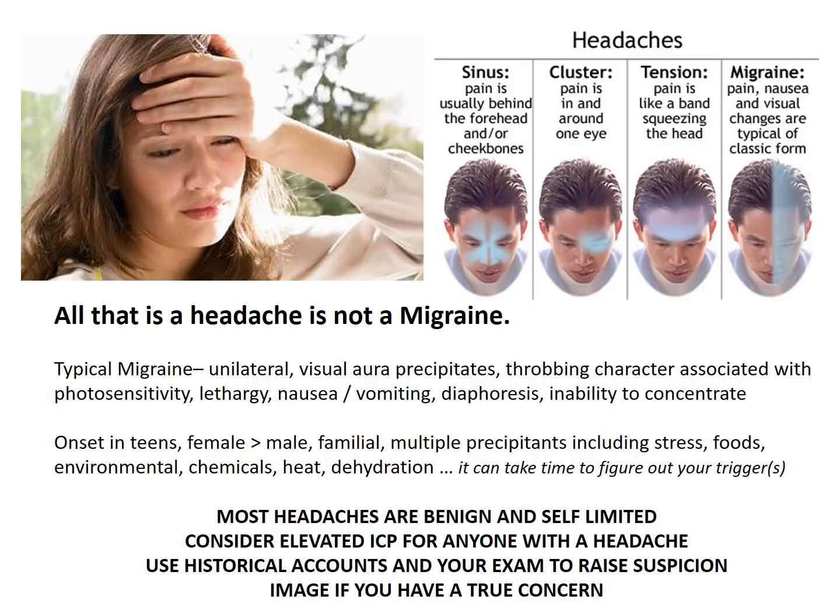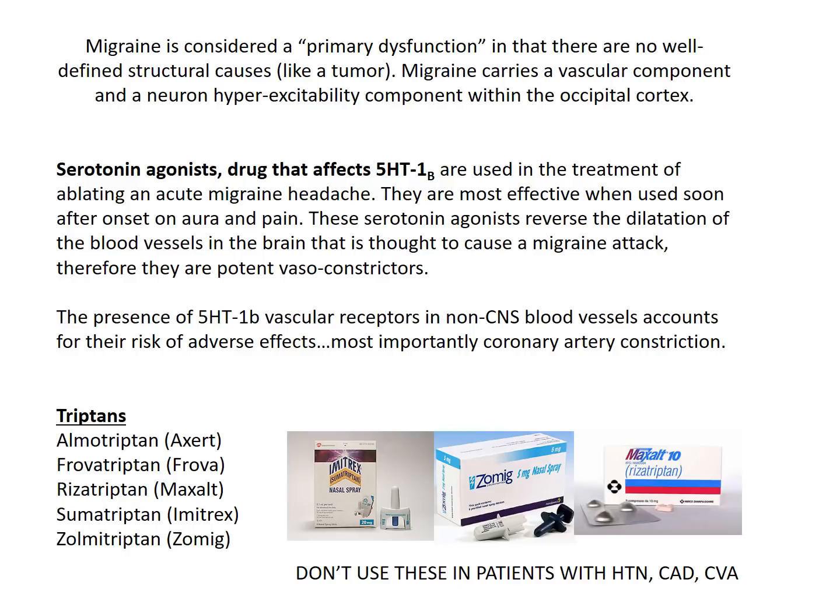Do you see cranial nerve abnormalities in their physical exam? If so, think elevated intracranial pressure. And if you have a true concern regarding intracranial pressure, then you do want to do medical imaging, right? You want to find that expanding mass lesion.